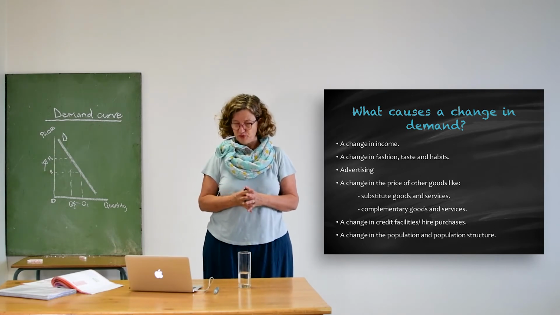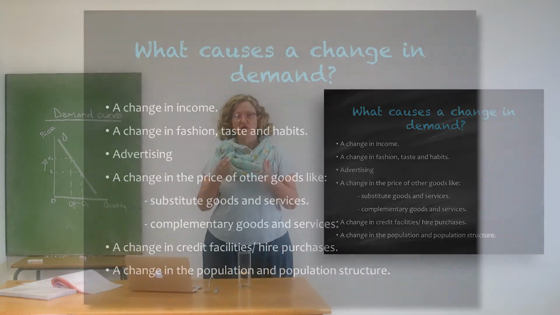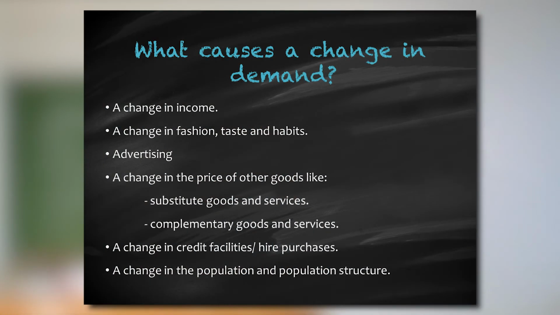The last 2 points are substitute goods. Now, firstly, you must know what a substitute good is. A substitute good is a good that can replace another good, so you can use it instead of the good that you have normally used. So say for example, you have normally used margarine, and now you read information that margarine is not healthy.